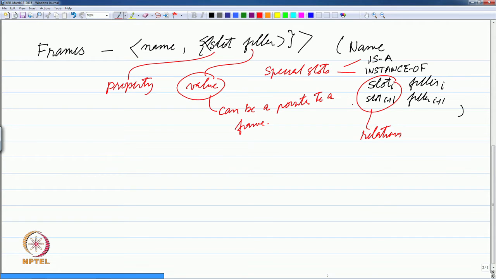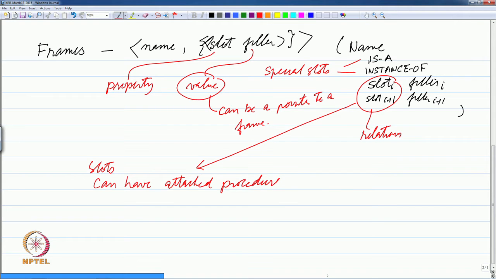Now, these slots can have attached procedures, and typically these procedures might be as follows.